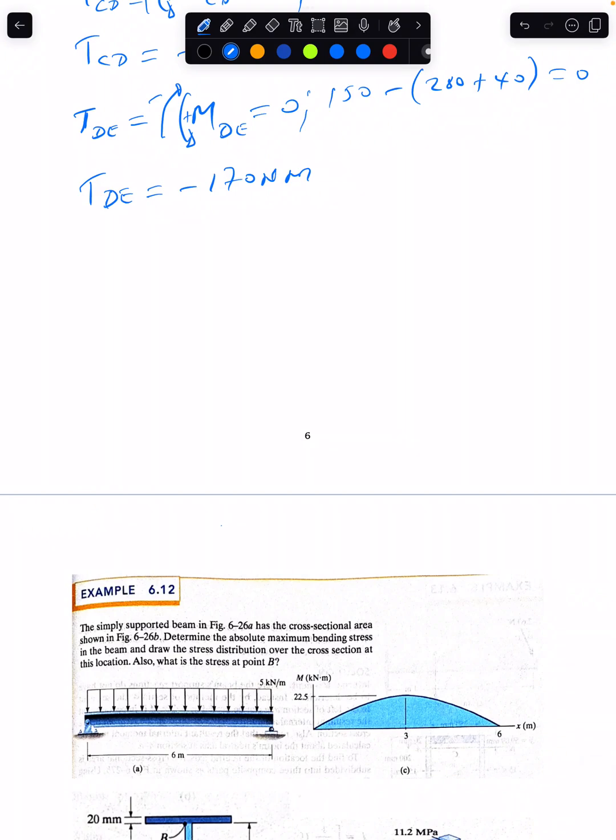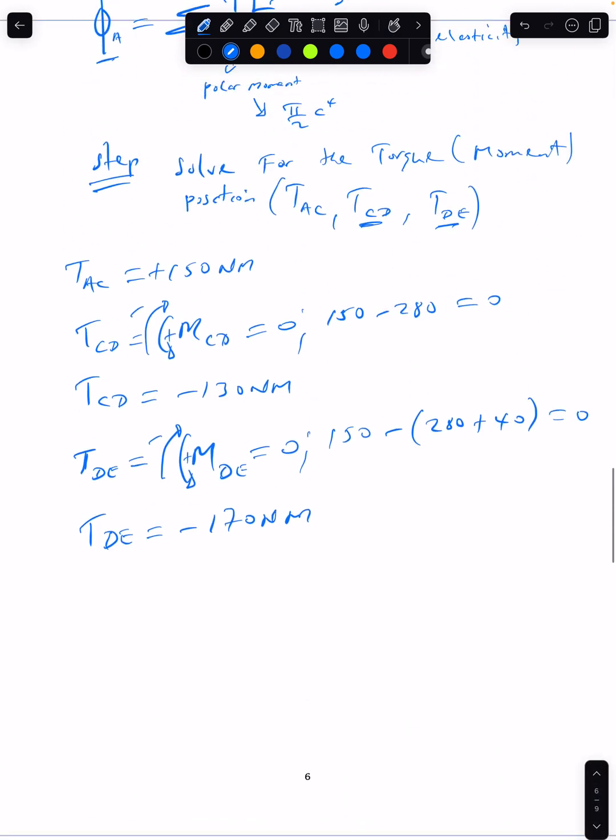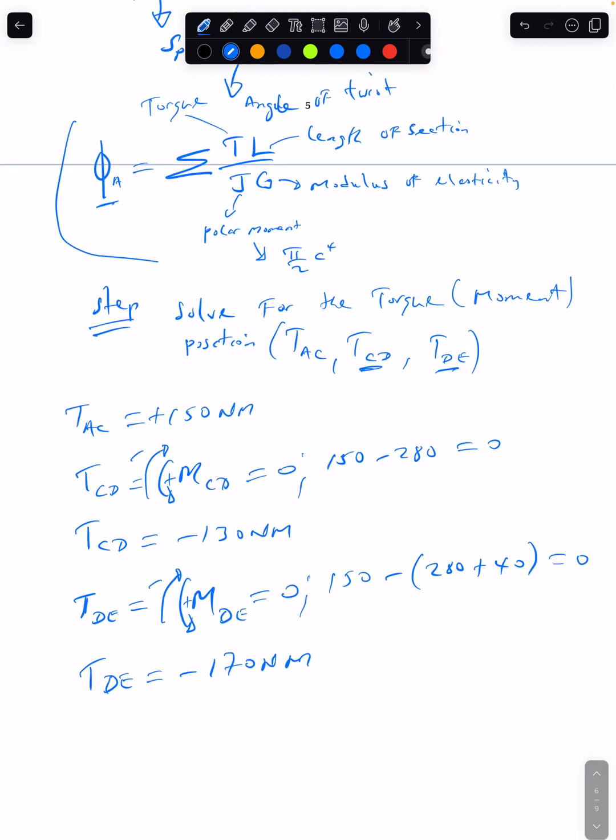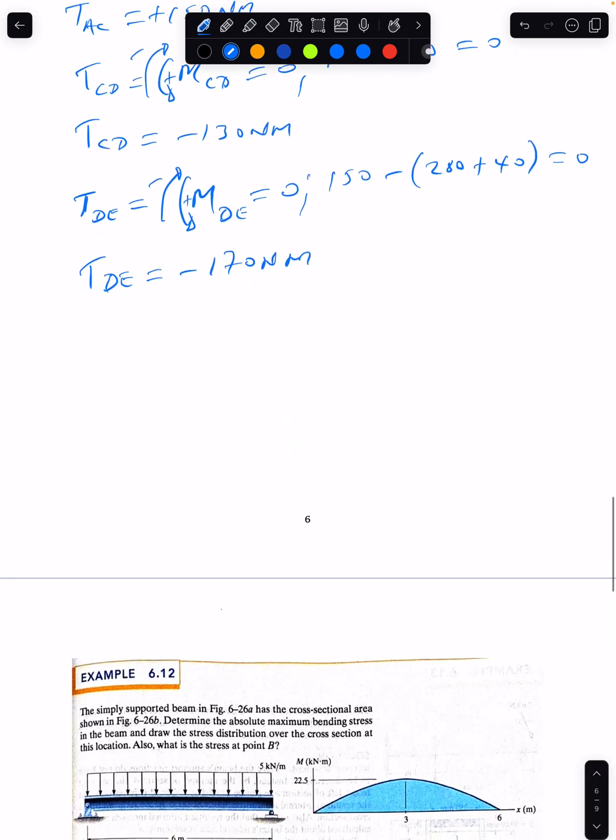We have to solve for the angle of twist. So we know that we are applying this equation to solve for the angle of twist. Therefore, the angle of twist for gear A is equal to the algebraic sum of the torque times the length over the polar moment times the modulus of elasticity.